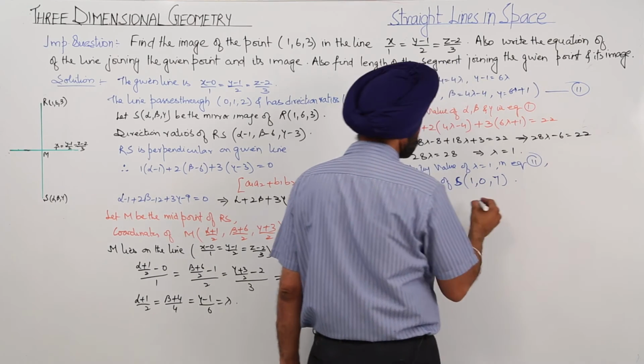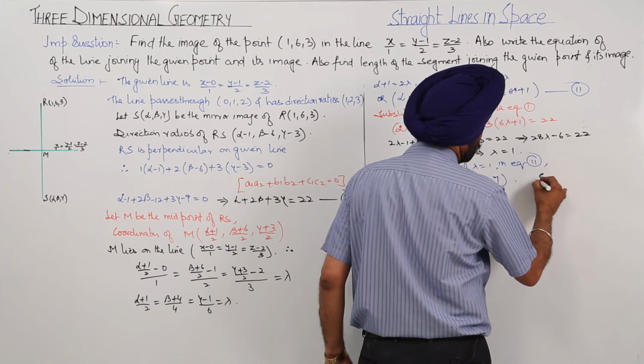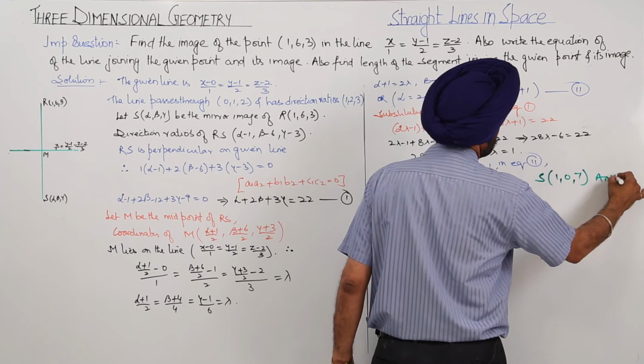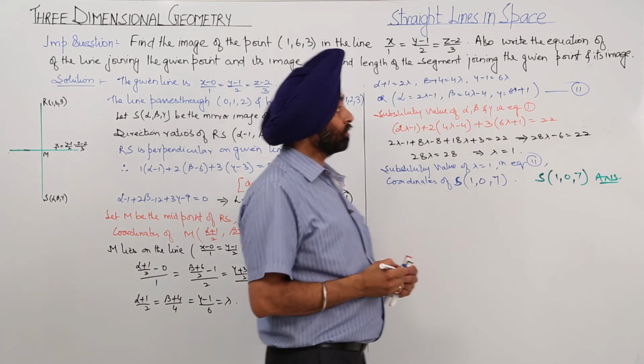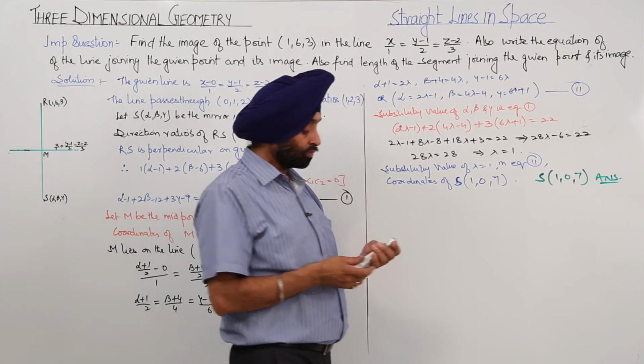So the coordinates of S we are getting are (1, 0, 7). This is one of the answers, because we have to find the image point. The image point is S, that is (1, 0, 7).